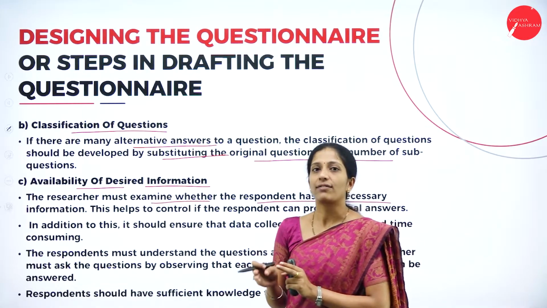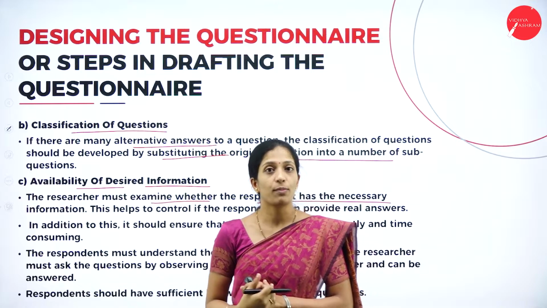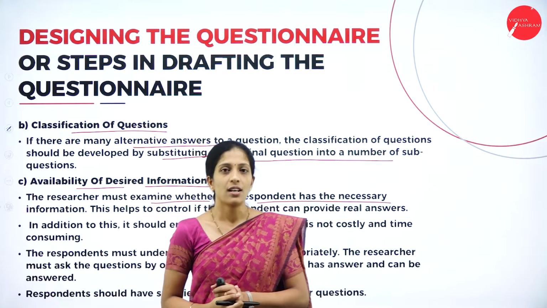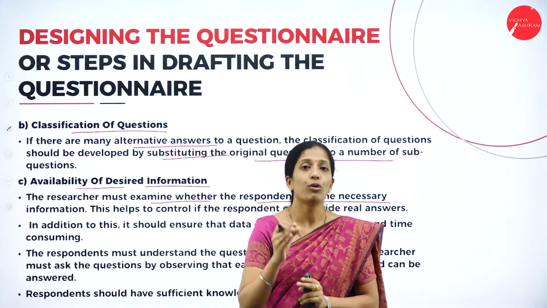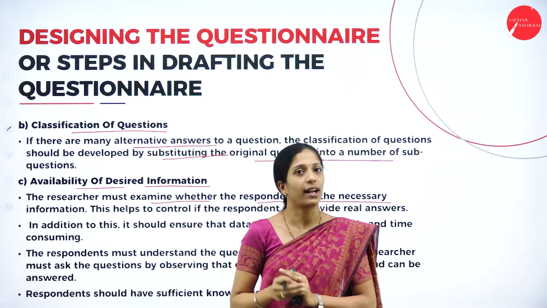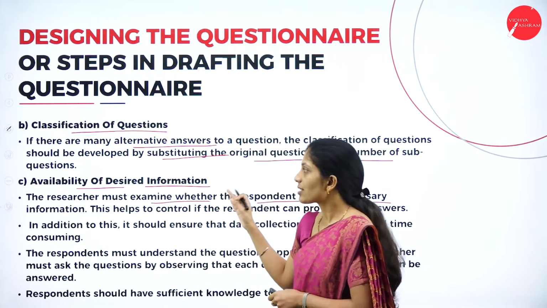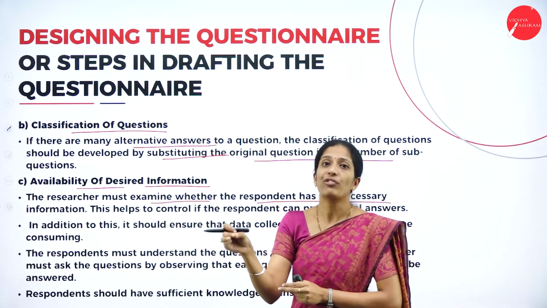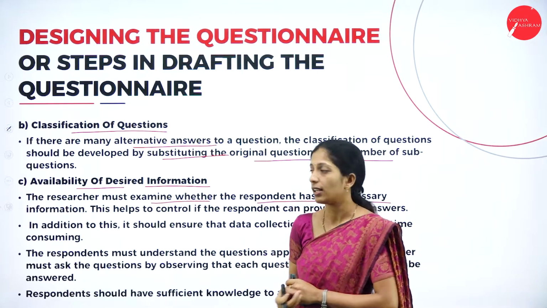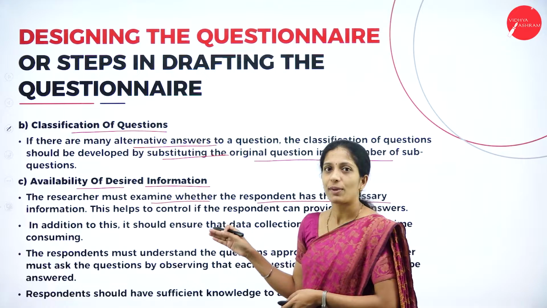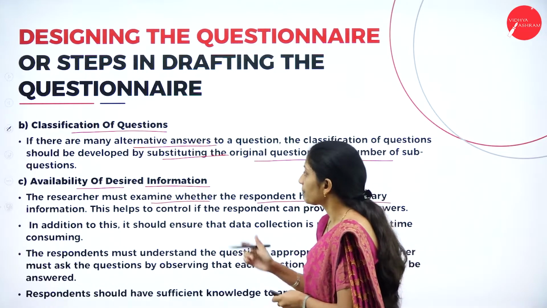For example, if the researcher wants to collect information about education loan, who will be the respondent? Students will be the respondents. Correct? In the same way, the researcher has to know from whom we can collect the desired information.